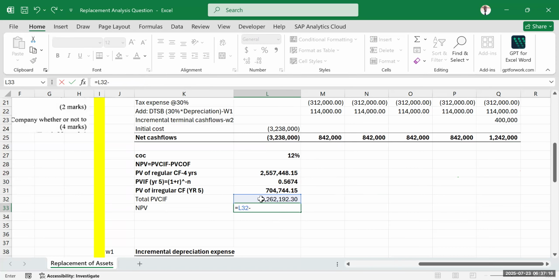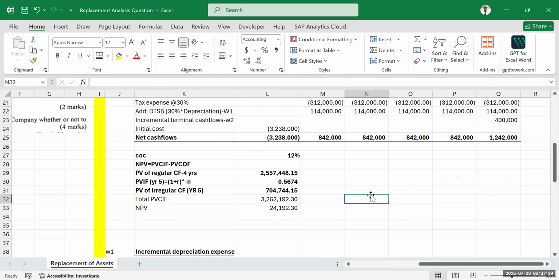And because our total present value of cash outflows is already negative, I simply want to add it because the net effect will be negative. I'm adding, but we are subtracting. I hope somebody is not getting confused. We normally subtract, but I'm putting an addition sign. Positive and negative gives us negative.